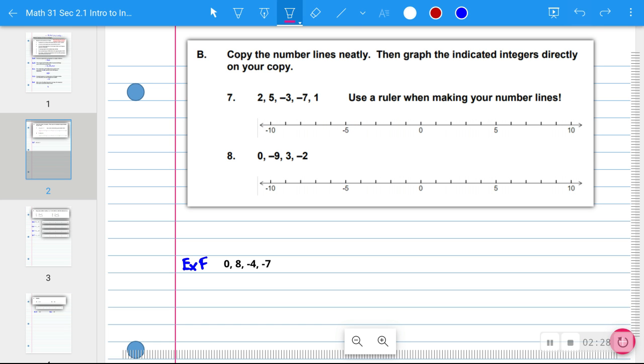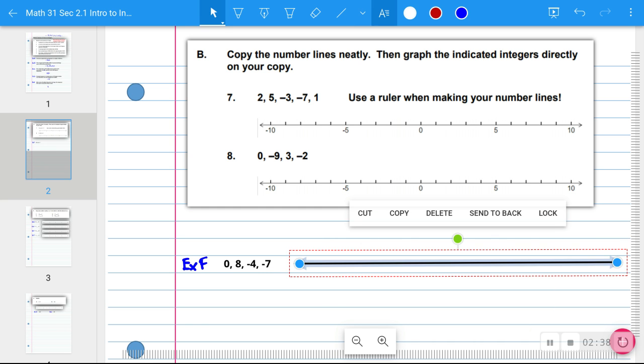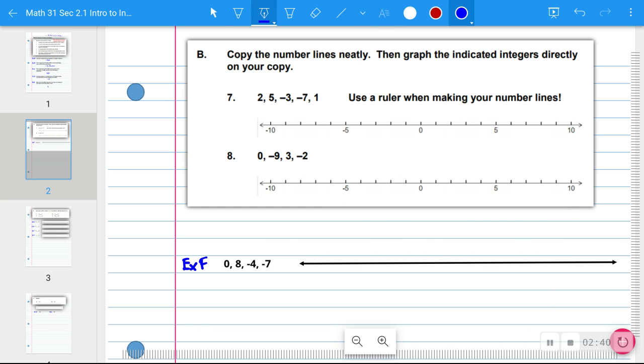So just basically copy what it says there. So I'm going to use a straight edge, and I'm going to draw a nice long line. And then I'm going to mark a scale. It has to be really nice and even. Every fifth one I make a little more prominent.